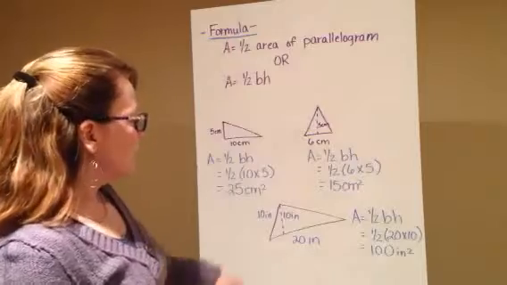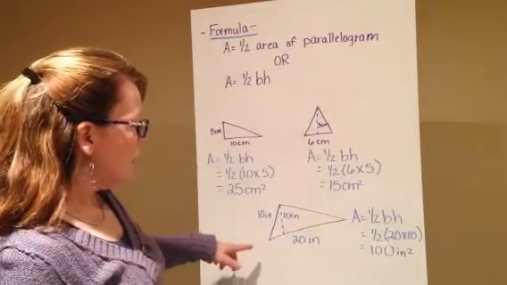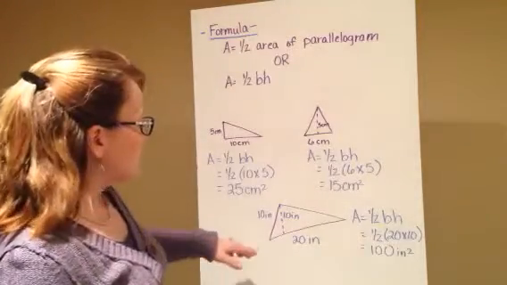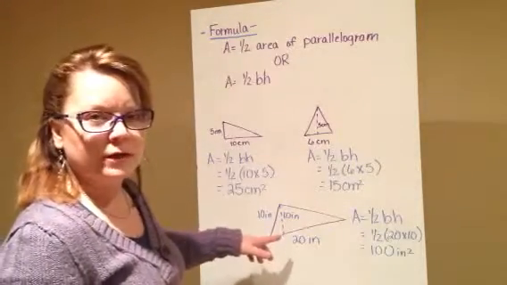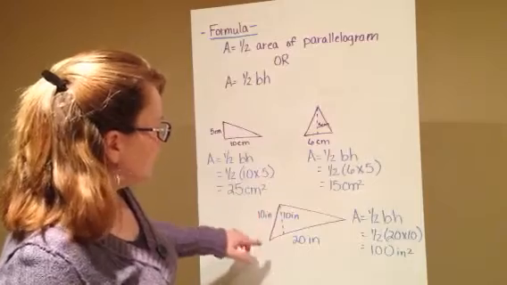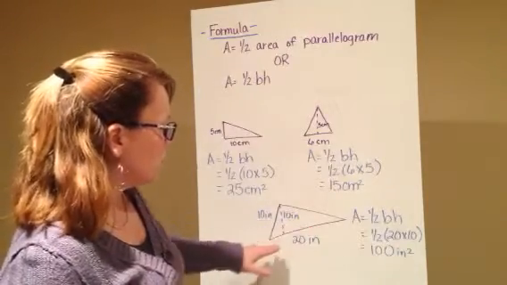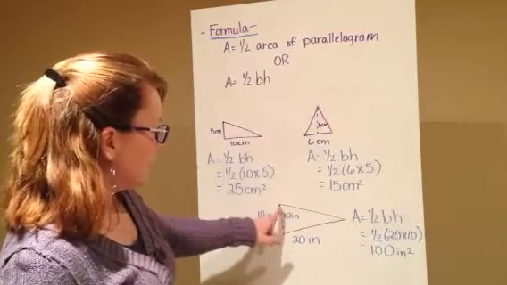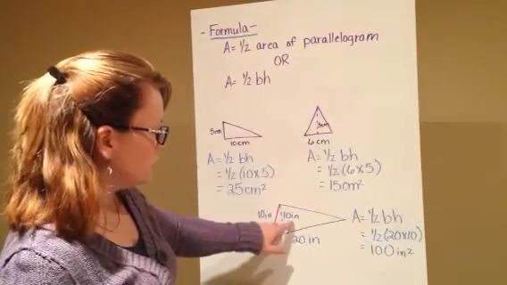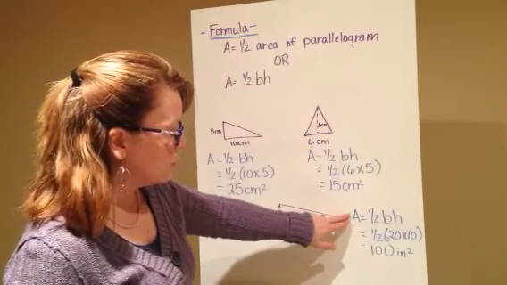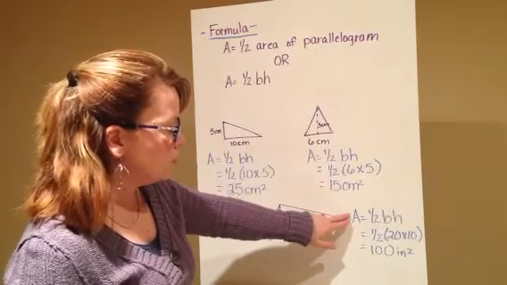Anytime we have half of something, you can also divide by 2 if you want to do it that way. Down here at the bottom, I have a very strange looking triangle, I know. Mrs. Diem's artwork at its best, right? Anyway, so we've got 20 inches here on the bottom, which is going to form my base, and then my height is going to be this 10 inches right here. So again, I write my formula down. Area equals 1/2 BH.